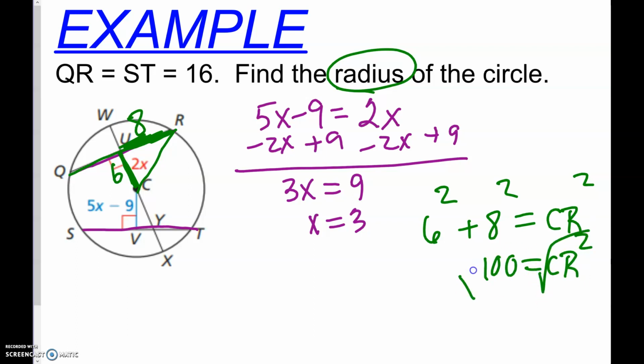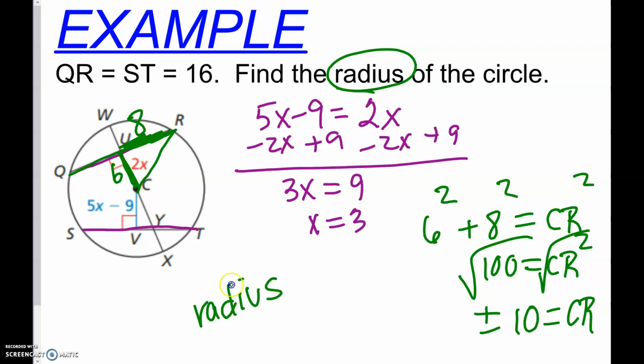So we're going to take the square root of both sides. Technically, it's plus and minus 10 for CR's length, but we can't use that negative 10. So the radius of this circle is 10. All right, so that should be using all of our theorems in this section right here.